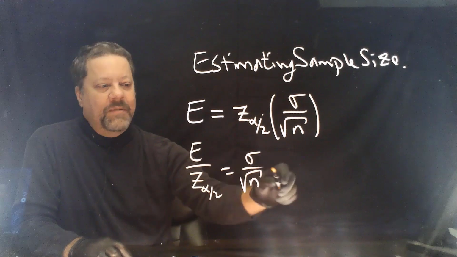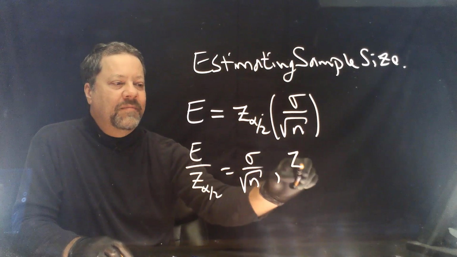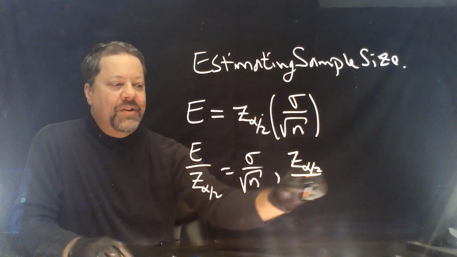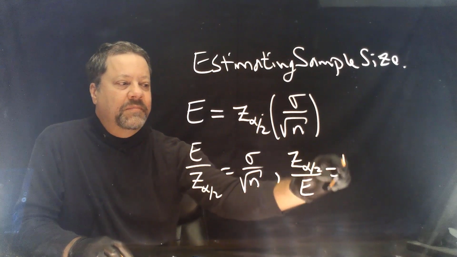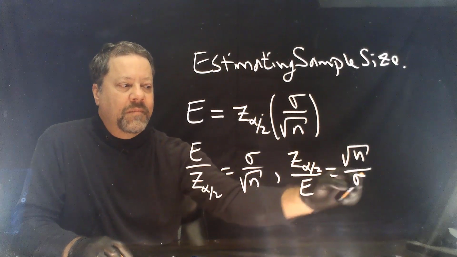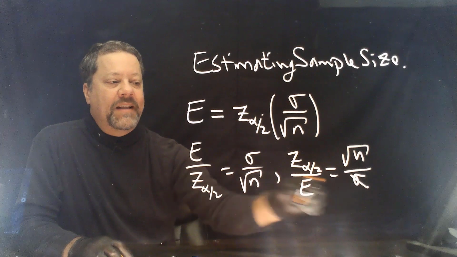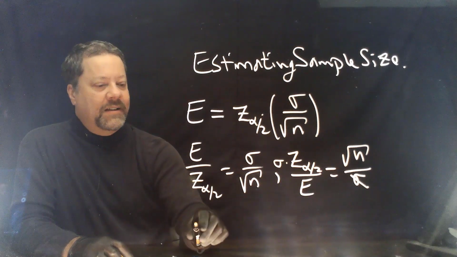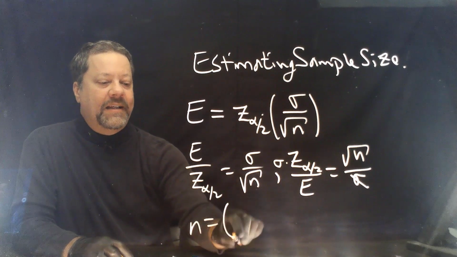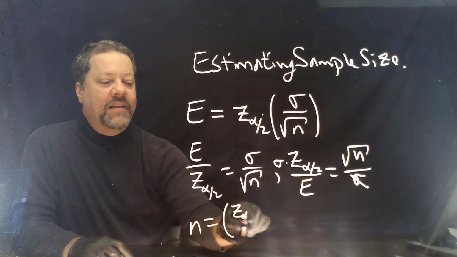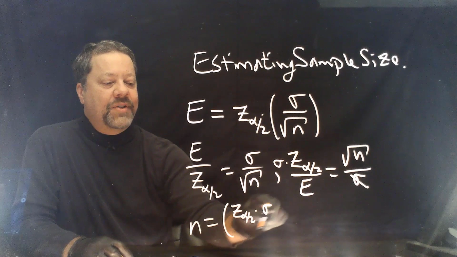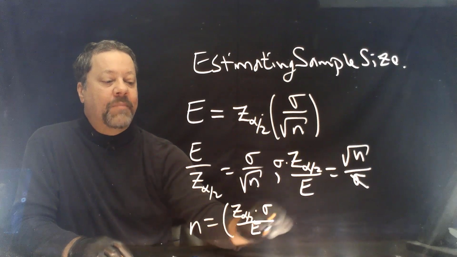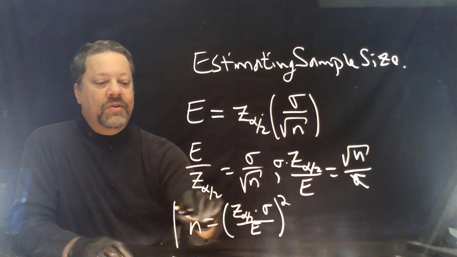We'll have to invert both sides to get the n into the numerator. Multiply both sides by the standard deviation, and then square both sides to yield the final formula. N is your critical z times your standard deviation divided by the margin of error, squared.